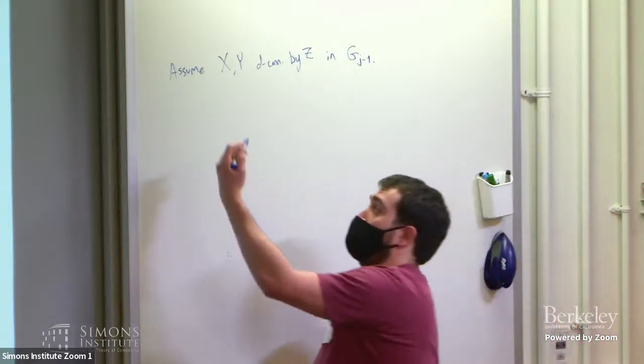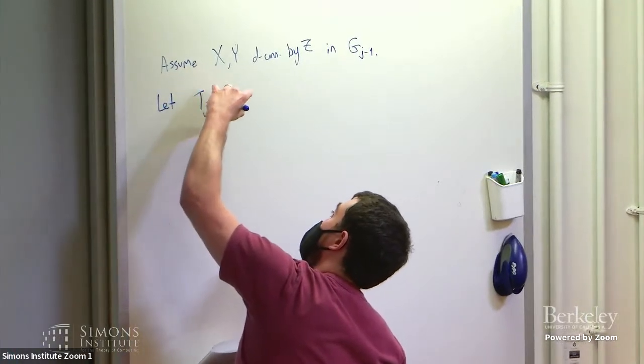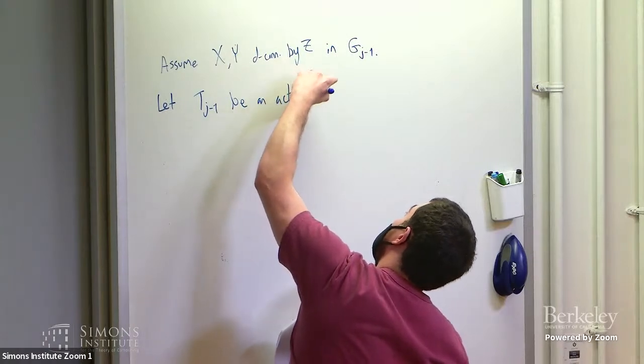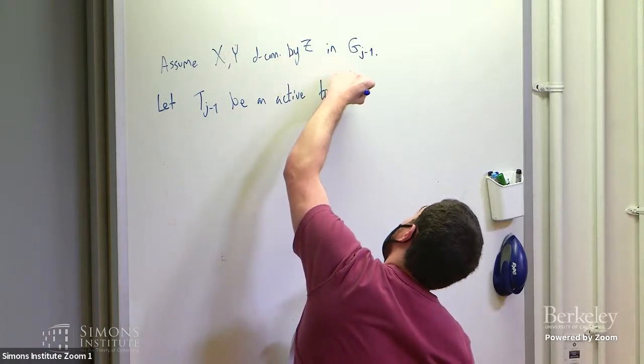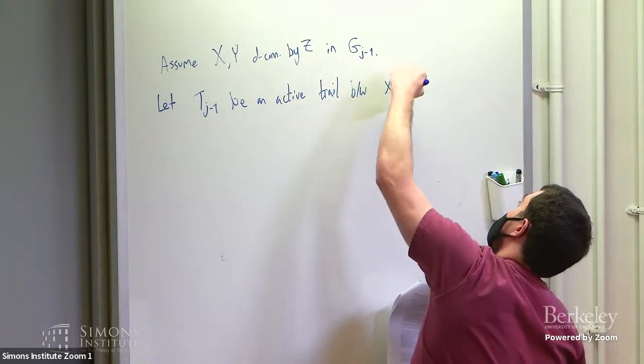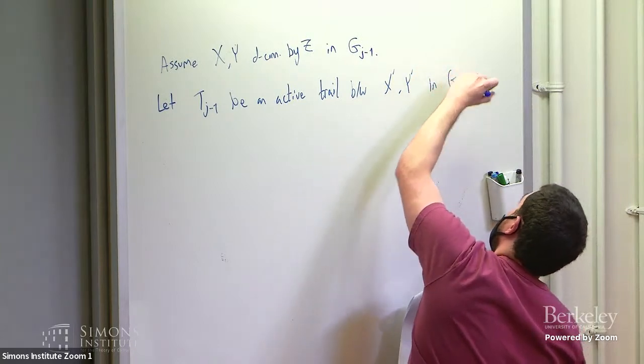So let T J minus 1 be an active trail between X prime, Y prime in GJ minus 1.